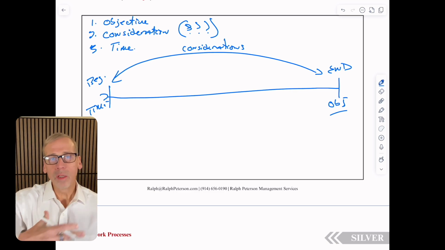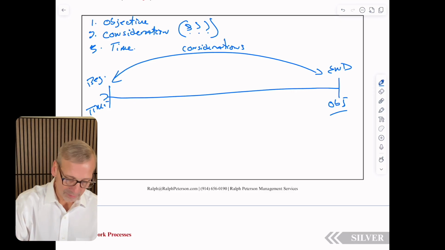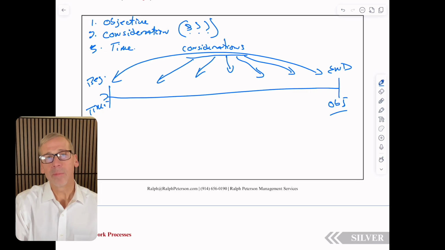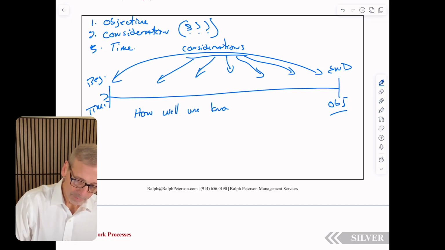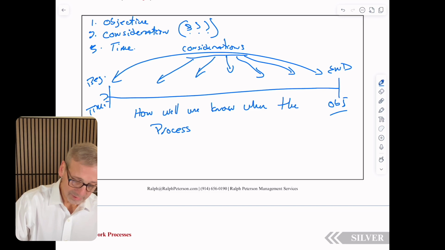We take all of these considerations, and we establish timelines, checkpoints, and key performance indicators. Meaning, how will we know when the process, in this case the objective, is complete?